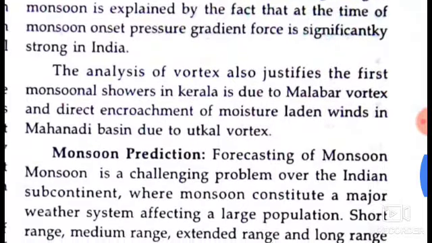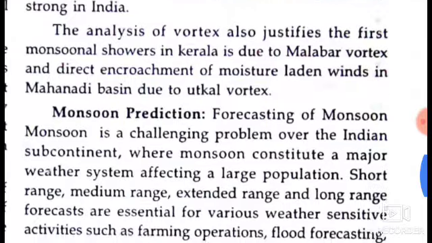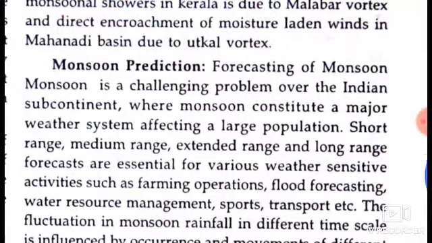The sudden beginning of the monsoon is explained by the fact that at the time of monsoon onset, the pressure gradient force is significantly strong in India. The analysis of vortex also justifies that the first monsoonal burst in Kerala is due to the Malabar vortex, and the direct encroachment of moisture-laden winds in the Mahanadi basin is due to the Utkal vortex. Monsoonal prediction.